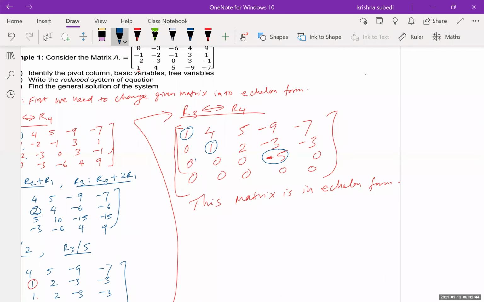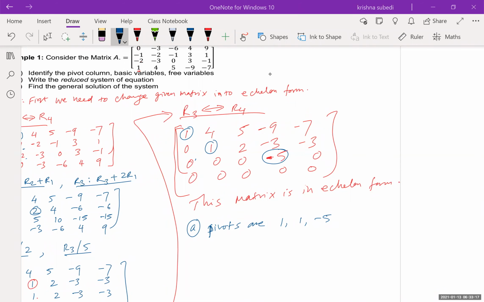I think it makes sense to everyone, right? In part A, pivots are 1, 1, and -5. Or you can divide that -5 by 5 and write 1 as well. So pivot may be different. It depends whether you want to divide or not.